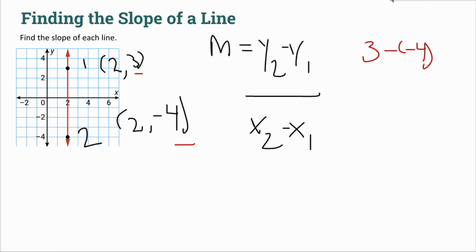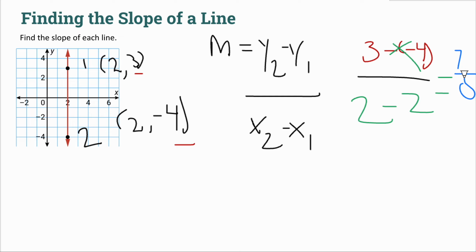And then my x1 is 2. Oh, that's the problem. Someone just said that's the problem. So 3 minus negative 4 is just like 3 plus 4, which is 7, put over 0. And I can't have a denominator of 0.